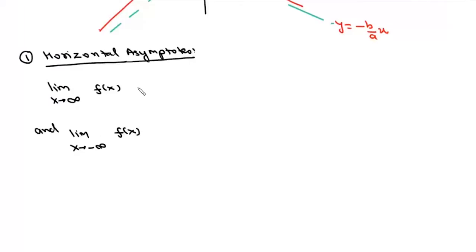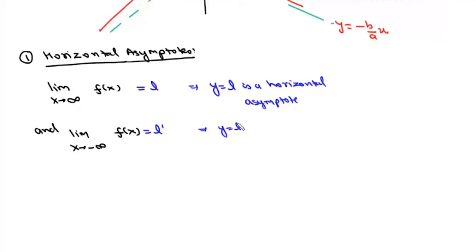If these limits exist finitely, say L, then we'll say this line y equals L is a horizontal asymptote. In the same way, if this is say L dash, then we'll say y equals L dash is a horizontal asymptote for this curve f(x).